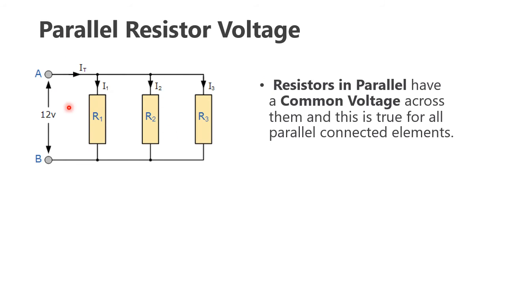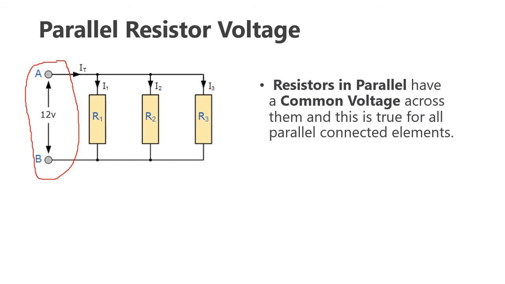Here from this diagram you can observe that each resistor R1, R2 and R3 are connected in parallel. So resistors in parallel have a common voltage across them. Here is that common voltage.